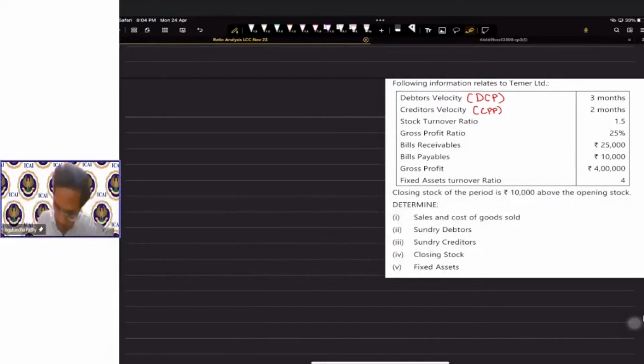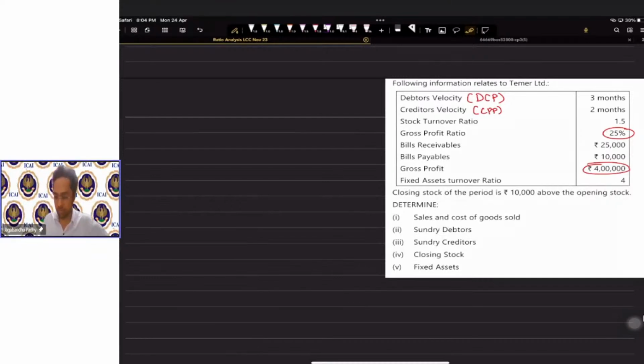The only thing you need to understand is that these two are getting connected. Gross profit ratio of 25 and GP of 4 lakh. So that's your starting point for the question, and that's from where our solution should ideally begin.